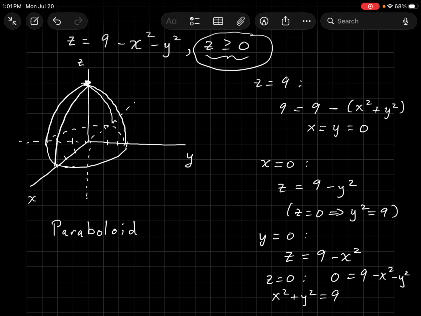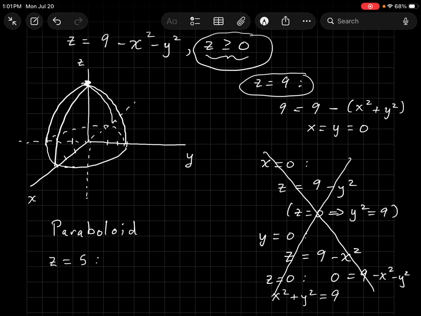Another approach just to show you on this one, instead of doing these traces like I did, x equals 0, y equals 0, and z equals 0, I could have done other traces like I started with. For example, what if I let z equal 5? So if z equals 5, we would end up with 5 equals 9 minus x squared minus y squared, or x squared plus y squared equals 4.